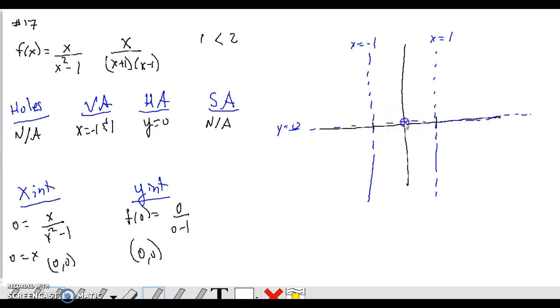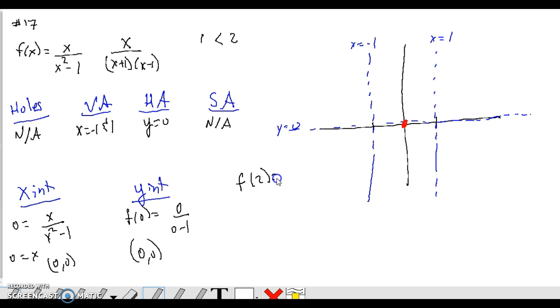So we do have a point, and it's on our horizontal asymptote because between here and here it is not going to positive or negative infinity, so it can cross. So we want to see kind of what's happening. We can plug in some other numbers. So let's go ahead and do that.